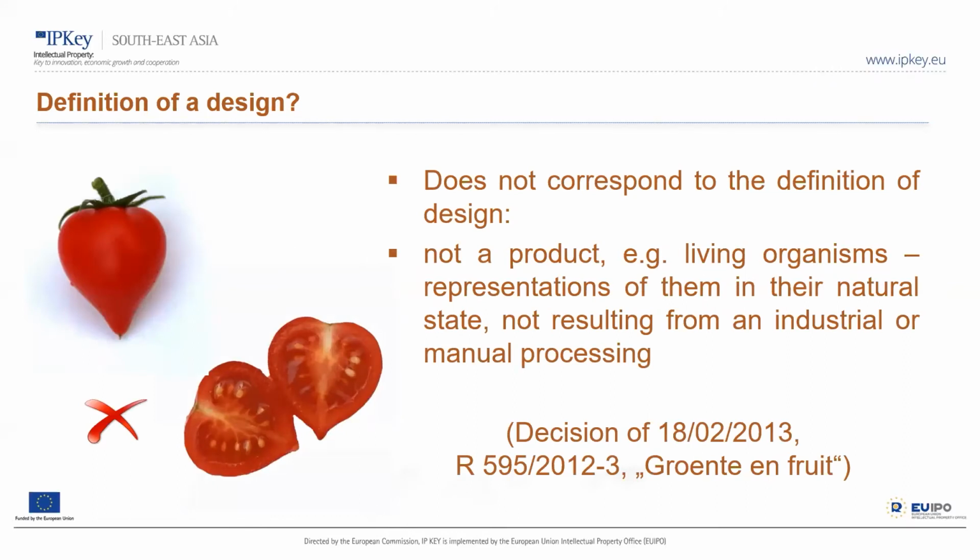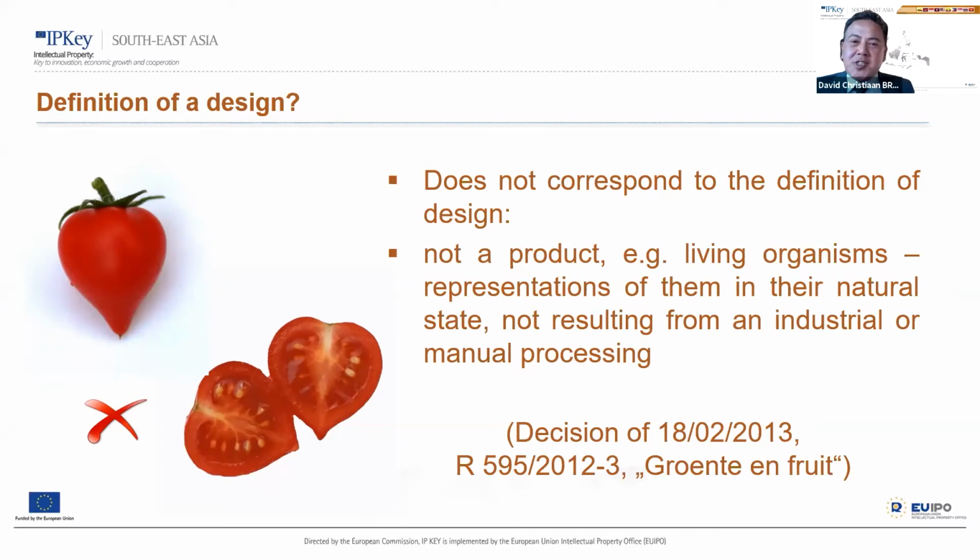In this example, you will see a tomato in a heart shape. This is a real case, a real application, where the applicant intended to file this tomato in the shape because he felt it was different, he felt it was a design. You can look it up in our case law.